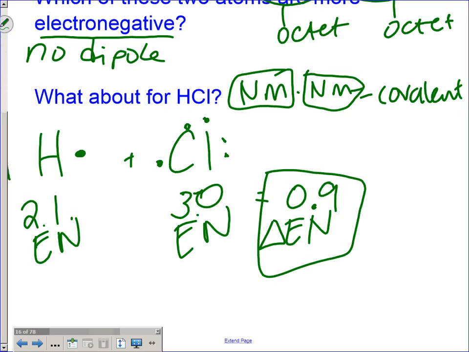The difference is 0.9. There's a little guide on your periodic table here, and it tells you if the difference is between 0 and 0.39, it's what? Non-polar covalent. If it's between 0.4 and 1.68, it's polar covalent. If it's an extremely large difference, it's going to be ionic.